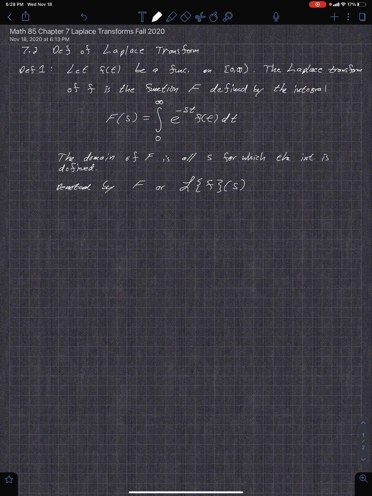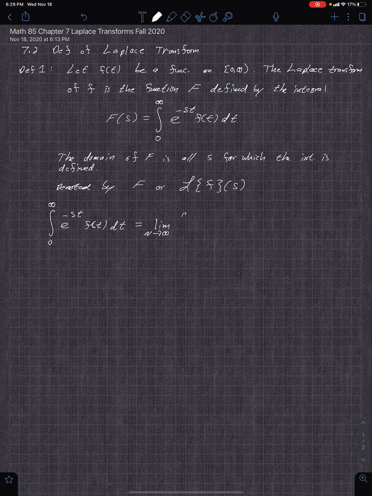Okay, so let's look at a couple things. When you do the Laplace transform, you go 0 approaching infinity, e to the negative st f of t dt. That's equal to the limit as n approaches infinity.